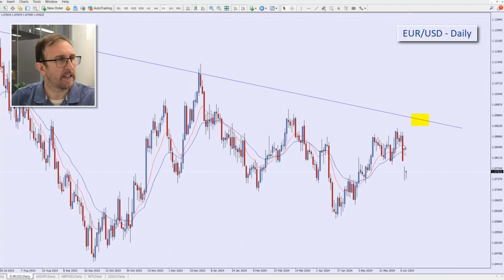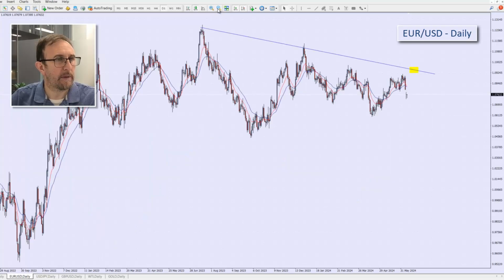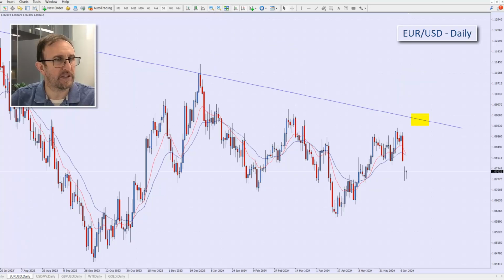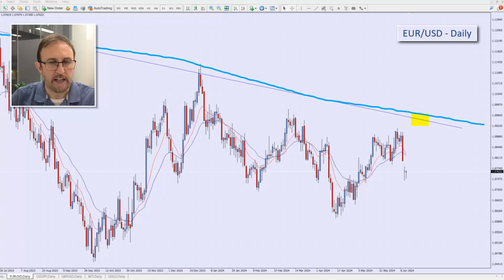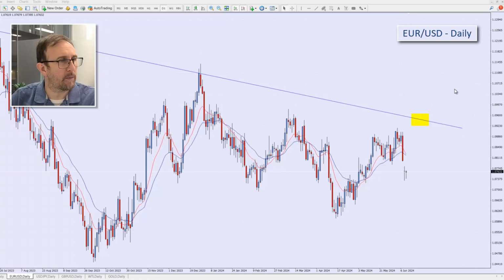Euro USD. Euro USD, we've been, let me just zoom out so I can remember. Okay, so I've just got a top resistance line that I've got drawn in as such. And what we were hoping for is for the market to come towards that line so that we could become sellers if we had the evidence of reversing.